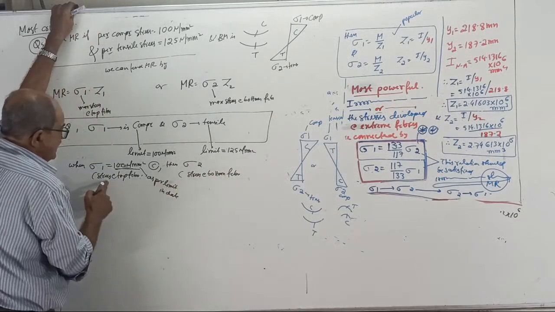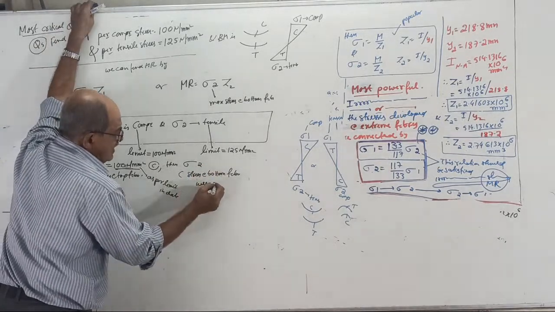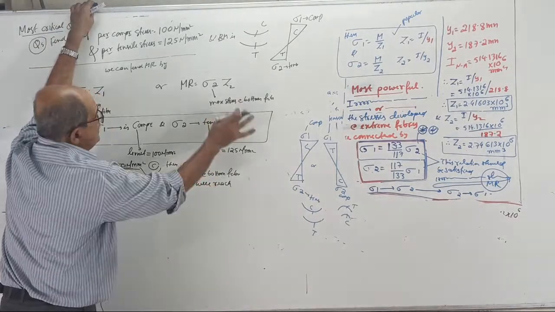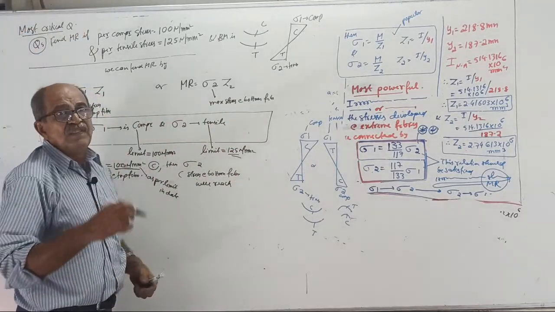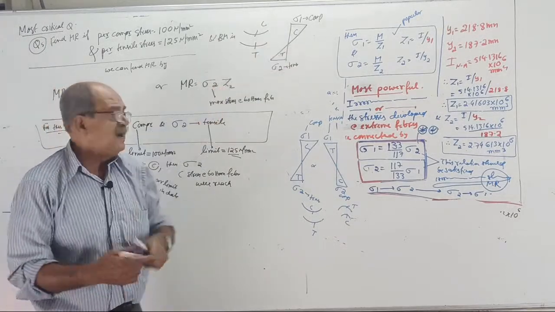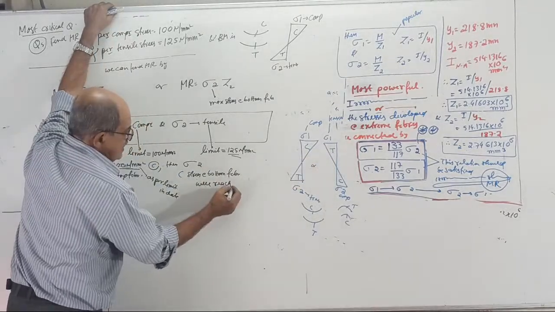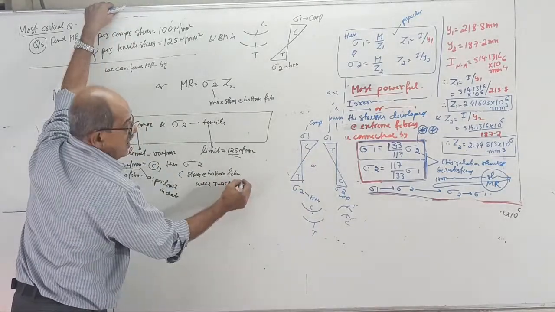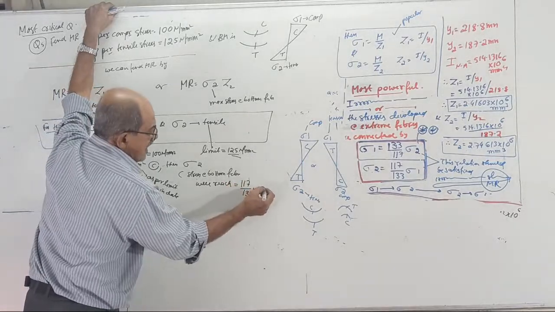When the stress at the top fiber reaches 100, how much will sigma 2 reach? Don't say 125, don't look at 125. Sigma 2 will be 117 by 133 into sigma 1.